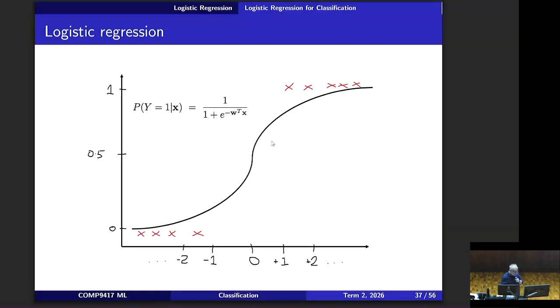Tucked away into this negative exponent is our familiar linear model. So we need to learn a linear model, but the model form is nonlinear.